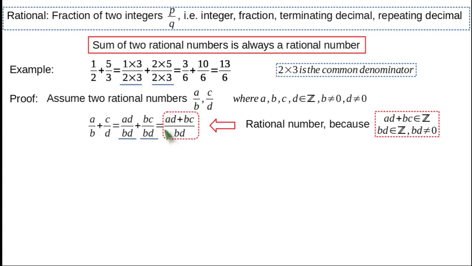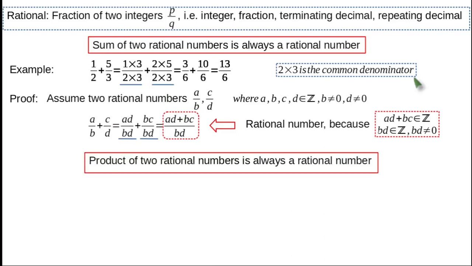So my final answer is a rational number because its numerator ad plus bc is an integer, and its denominator b times d is also an integer, and is a non-zero integer because b and d cannot be equal to 0. So we have proved that for any two rational numbers, the sum is still a rational number.